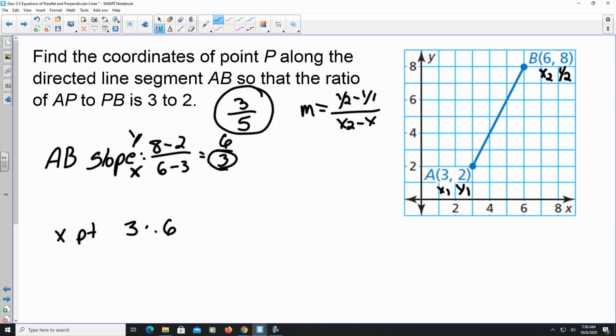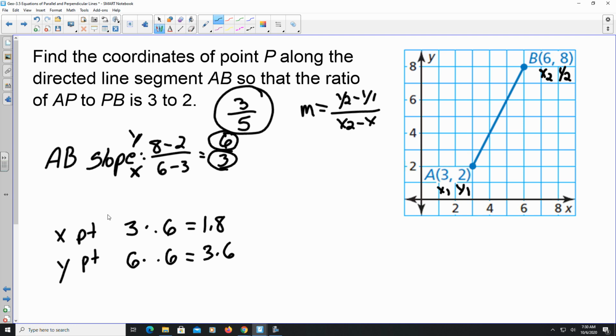So 3 times 0.6 equals 1.8. To find the y value for point P, we take the difference of the y values, which was 6, and multiply it by 3/5, which was 0.6, and that gets us 3.6.